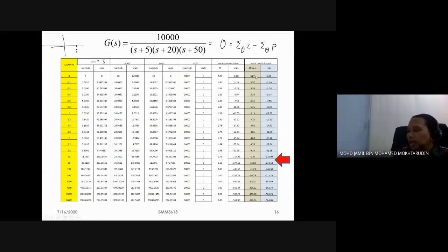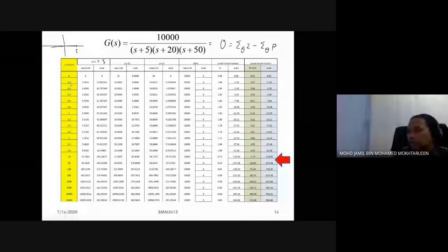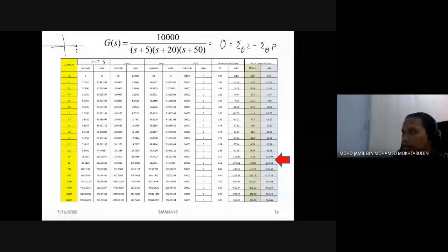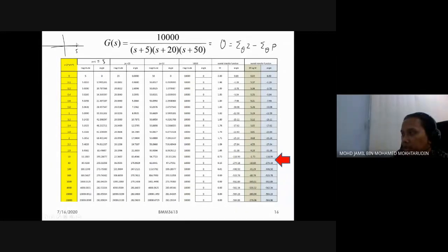Okay, let's look at the next row. Let's say 0.1. So to get the magnitude and angle, first you substitute 0.1 for W or omega. And then try to plot in the S-plane. And then from there, you can determine the angle and magnitude.